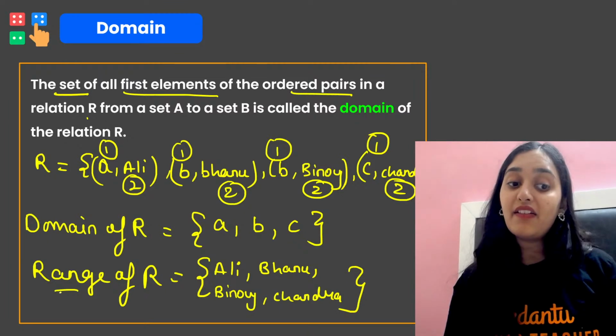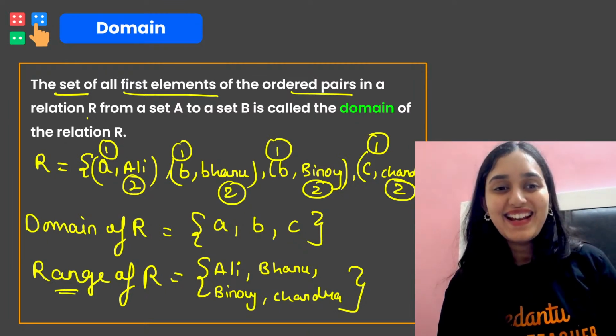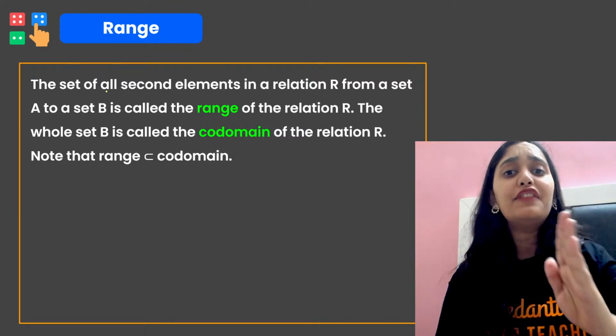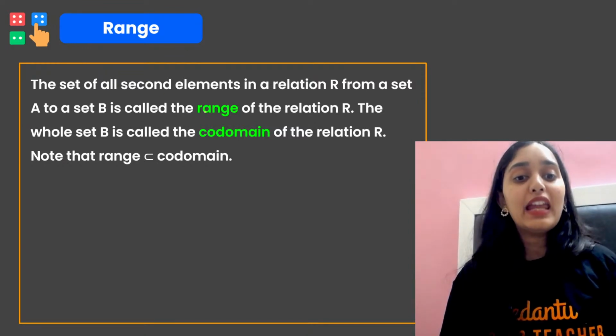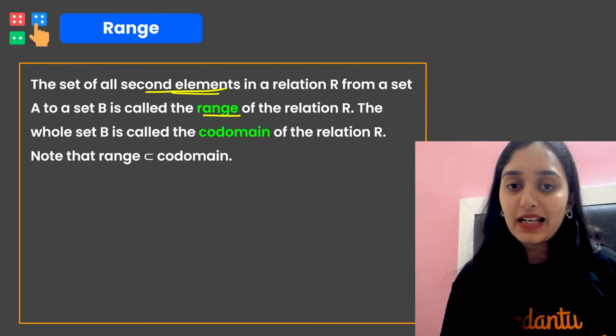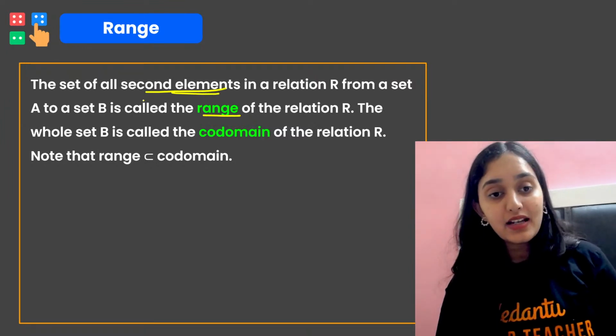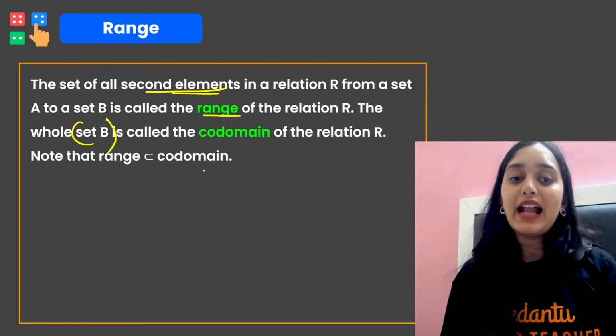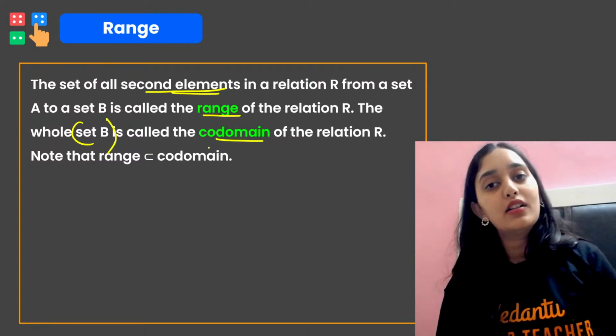So, this is my range of the relation. Understood? So, domain is basically all the first elements of the pairs. Range is basically all the second elements of the pairs. And if I take the entire set B, that is the codomain of the relation.